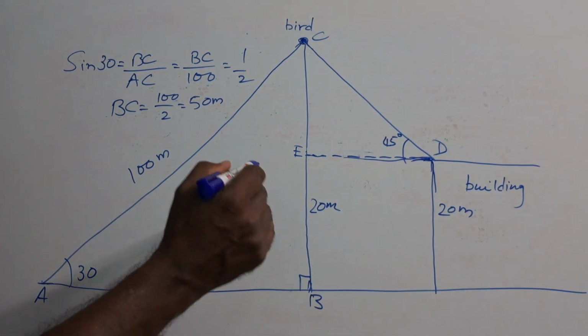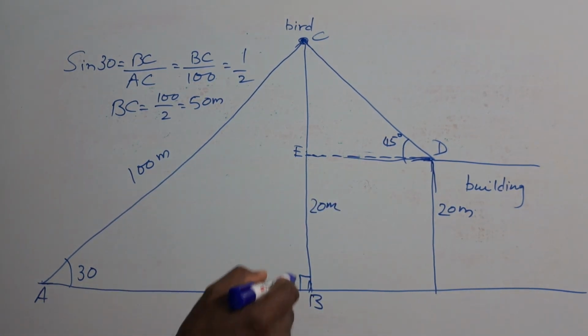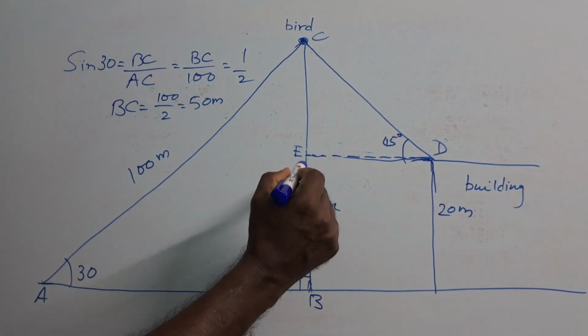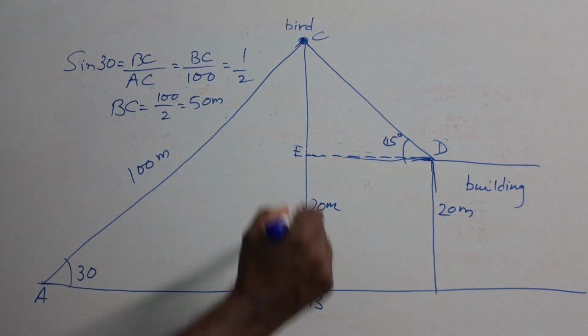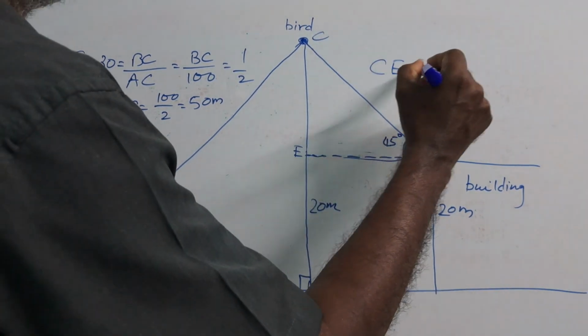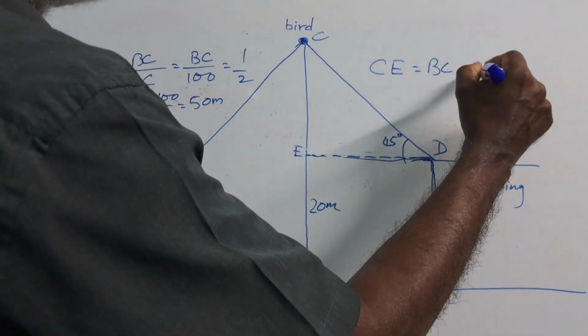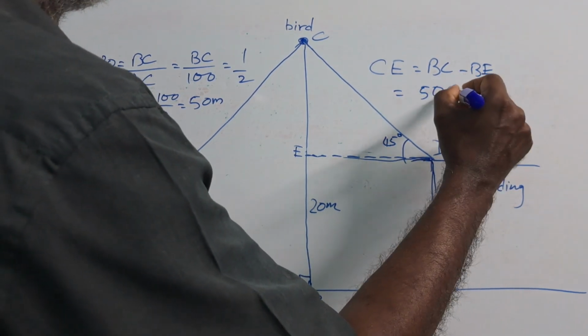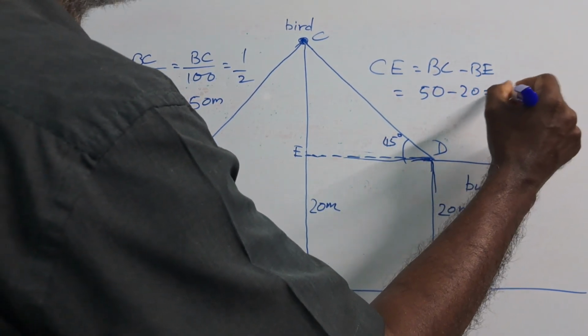The height of the bird from the ground is 50 meters, in which up to BE it is 20 meters. So CE is equal to BC minus BE, equal to 50 minus 20, equals 30 meters.